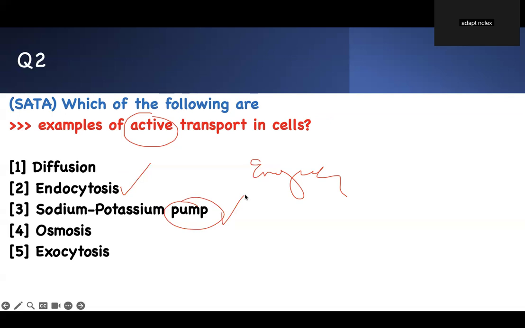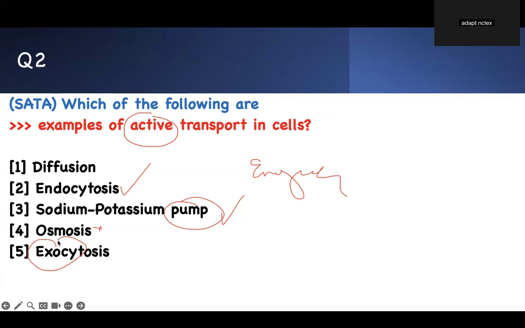Osmosis is similar to diffusion, but you have the concentration moving. There's one area with a high concentration of solute and one area with a high concentration of solvent, water. So the movement of water in order to equilibrate those concentrations does not require energy.